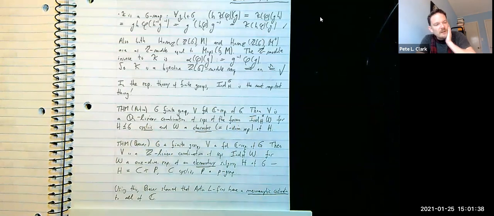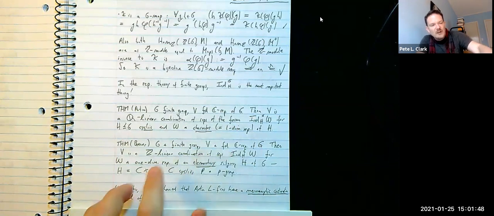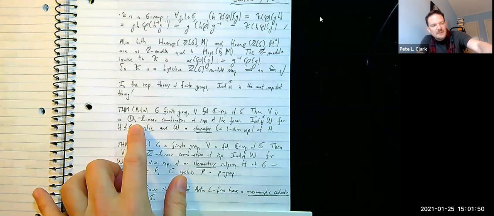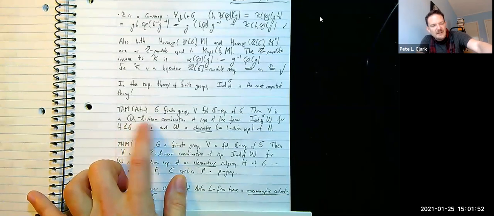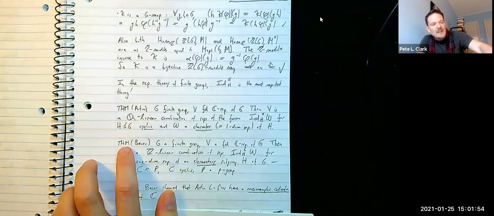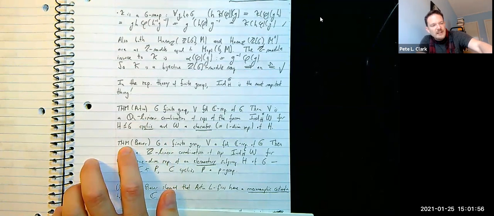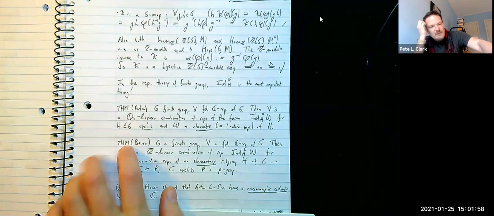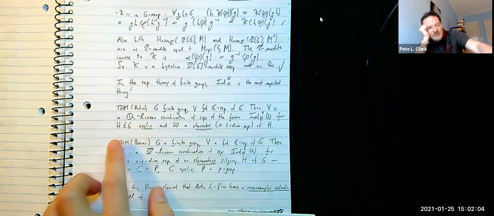So V is a Q-linear combination of induced representations, and the question is, what kind of subgroups can you induce from? In order to get a Q-linear combination, every representation is a Q-linear combination of representations that are induced from one-dimensional representations of cyclic subgroups.